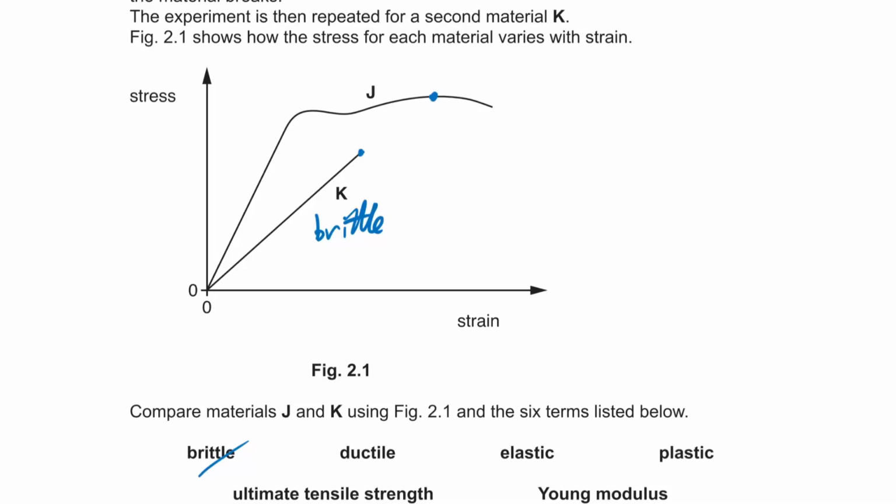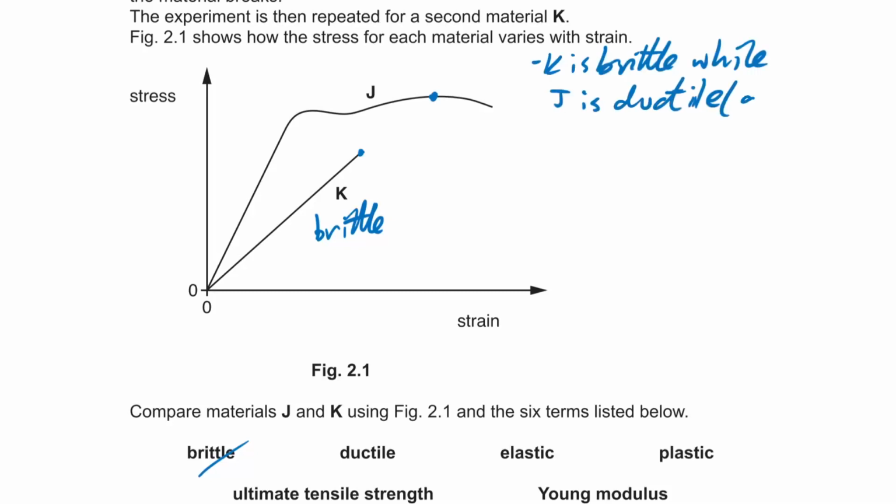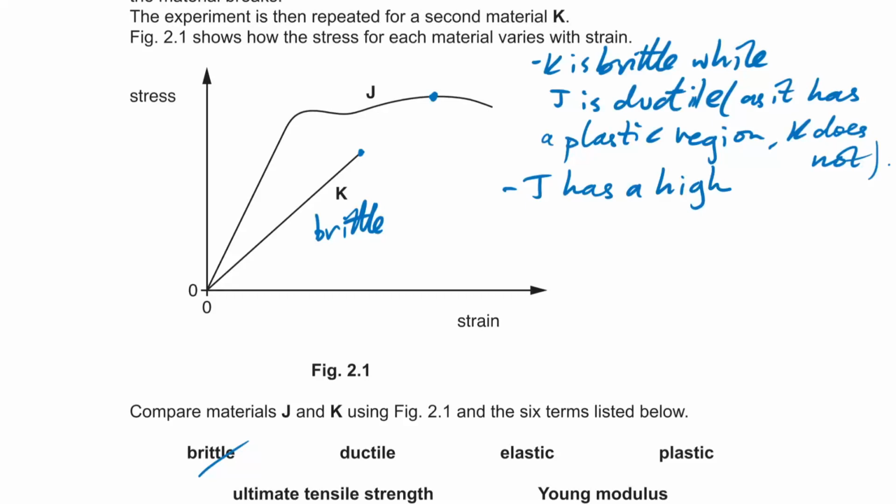Tell you what, I think I'm just going to write it here instead. So we can say K is brittle while J is ductile. We can say as it has a plastic region, K does not. J has a higher UTS than K. We've already used plastic, that's good. Ductile as well.